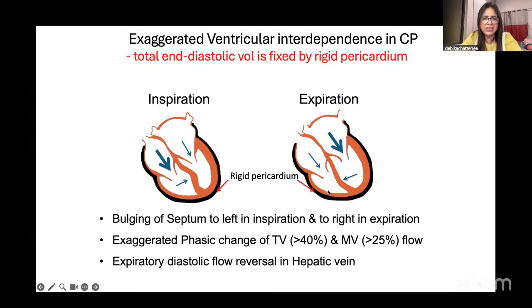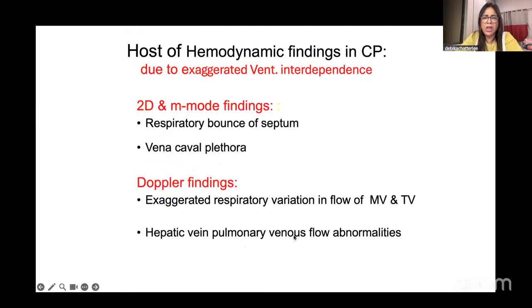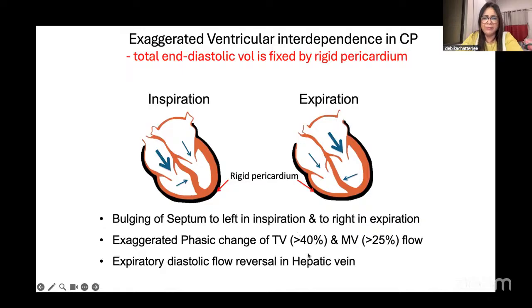So this exaggerated phasic change results in more than 40% respiratory variation in the tricuspid valve flow velocity and more than 25% in mitral valve, along with the expiratory diastolic flow reversal in hepatic vein.